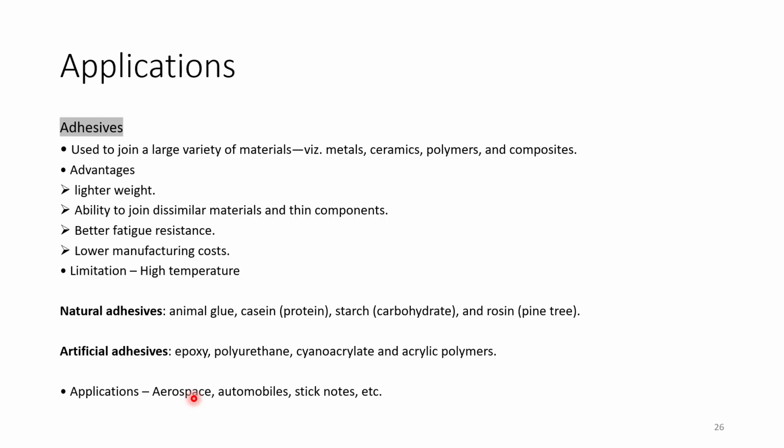Next application is in making adhesives. It is used to join a large variety of materials such as metals, ceramics, polymers and composites. Advantages include lighter weight. Compared to metals and ceramics, these are lightweight materials, and they can join dissimilar materials and thin components. They have better fatigue resistance and lower manufacturing costs.